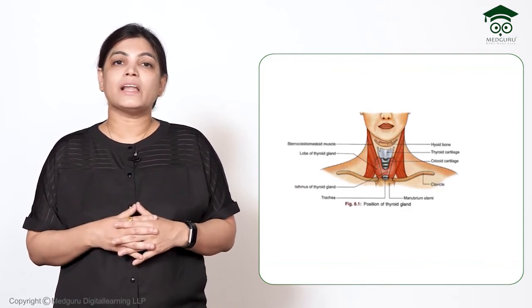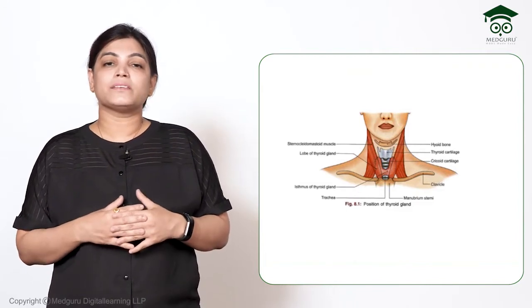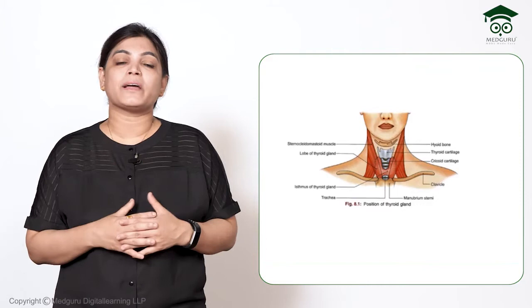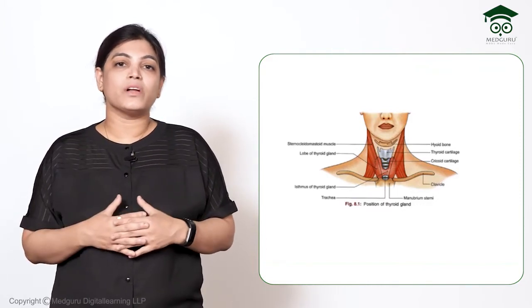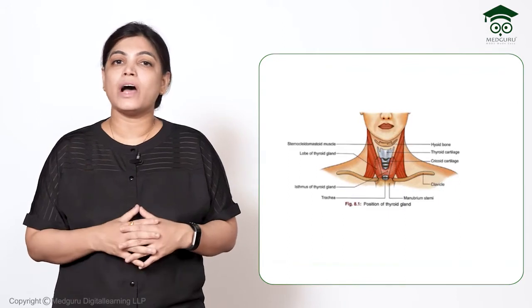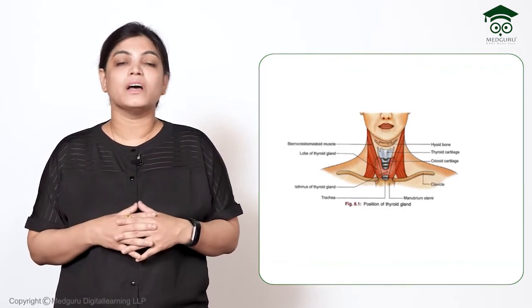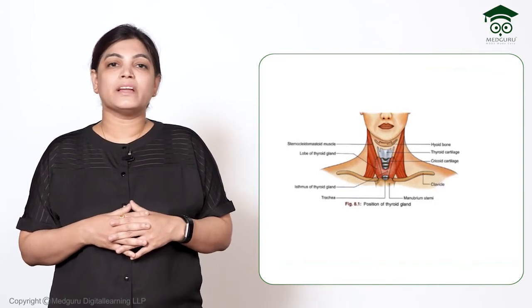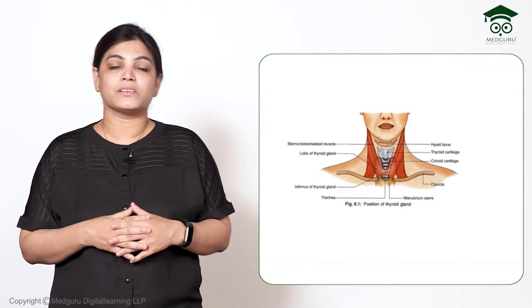Isthmus is connecting the two lateral lobes of thyroid gland. It is related on anterior aspect by the strap muscles, which you already know, that is the sternohyoid, sternothyroid and superior belly of omohyoid.